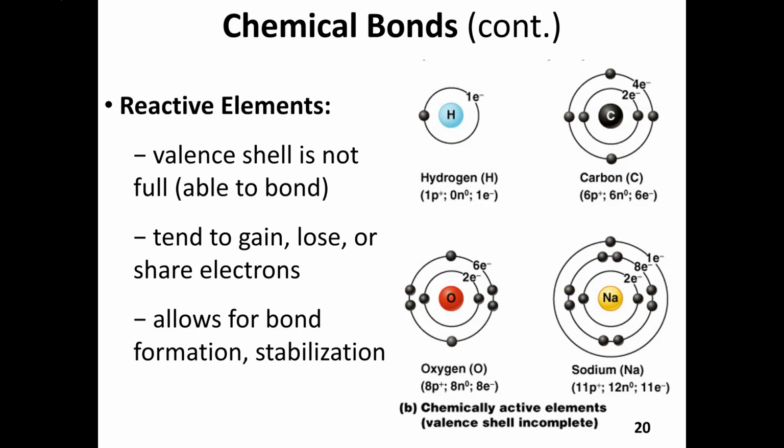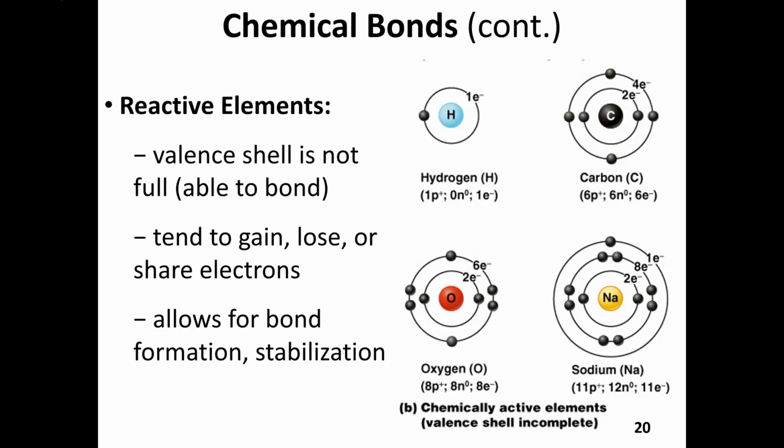So an example, hydrogen is one of our favorite little guys because hydrogen has 1 electron. It wants to have 1 more electron. So it's going to enter into a chemical reaction with any atom that is willing to share an electron with it. Carbon has 4 electrons in its outer shell, so it wants to gain 4 more electrons.